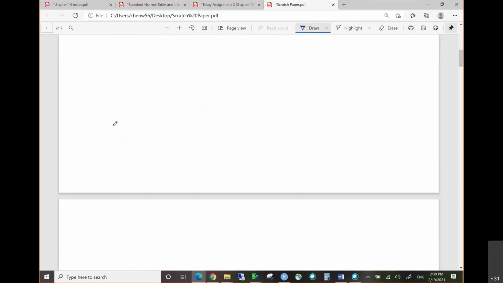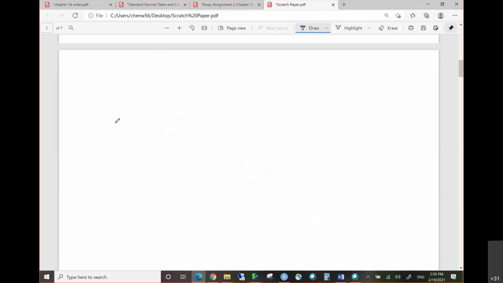And some of you also got confused about when to use the Z, when to use the T. Let's just summarize a little bit about this, right? So we say it doesn't matter if we want to get the hypothesis test or the confidence interval, right?